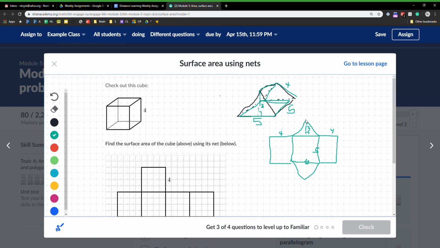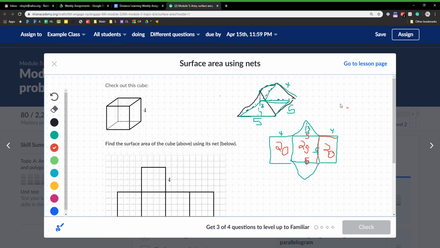You could use all this information to find the area. Since this middle portion is 5 times 5, the floor would be 25. This side is 5 times 4, which is 20, so both of these side pieces are 20 and 20. Then for the top, the base of the triangle is 5 and the height is 3.